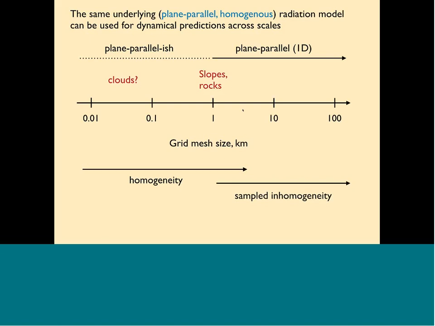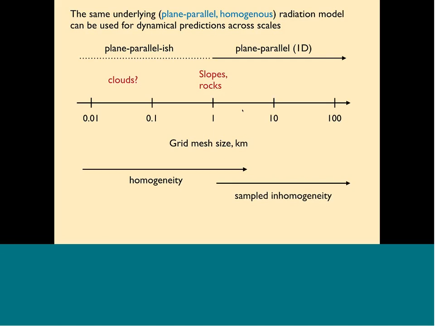The idea is that the radiation problem has a spectral dimension, in the sense of the frequency or the color of the radiation. So you draw samples that represent the inhomogeneity, and you map those randomly onto your spectral quadrature points, your spectral integration points. That technique is known as the Monte Carlo Independent Column Approximation, the ICA.